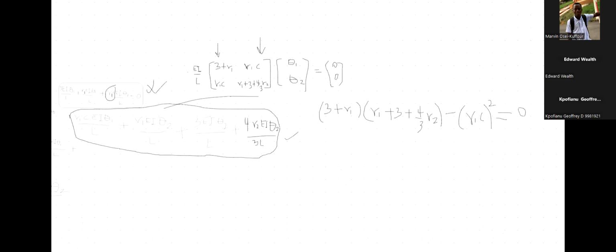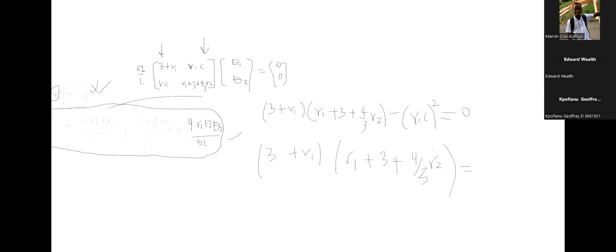Okay. So right now what you are going to do is send this one to the other side so that you have 3 plus R1, then R1 plus 3, plus 4 on 3 R2, equal to R1C squared.